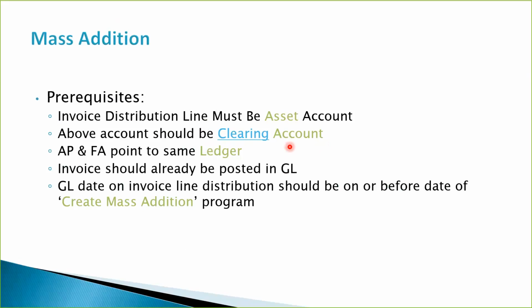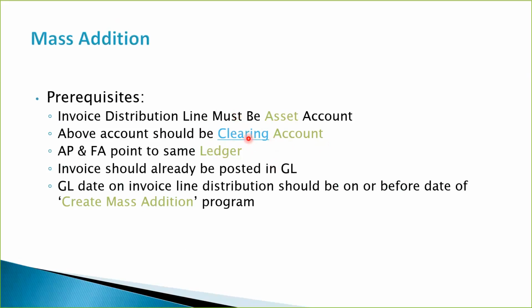That invoice, once we create accounting for it and post it in GL, is going to be used to create or to add an asset which is being purchased as shown by that invoice. So that clearing account has to be added for the category which that asset is going to be added to.